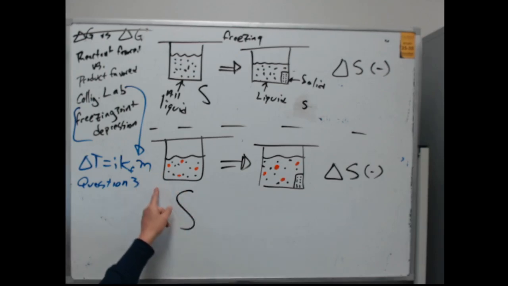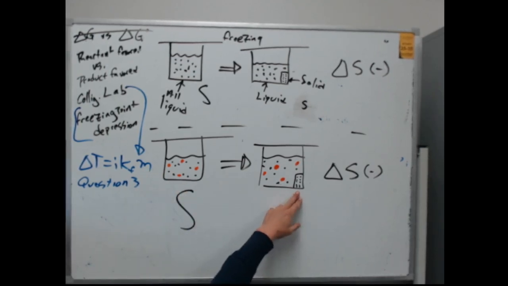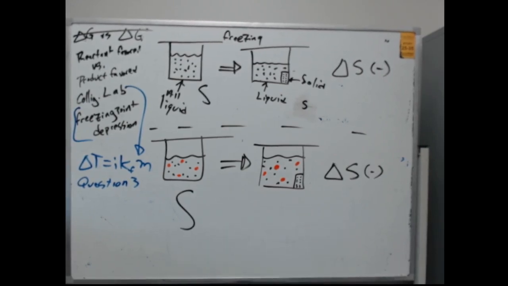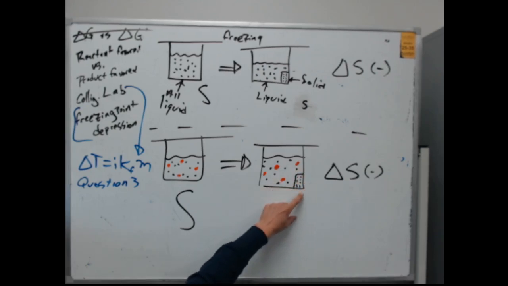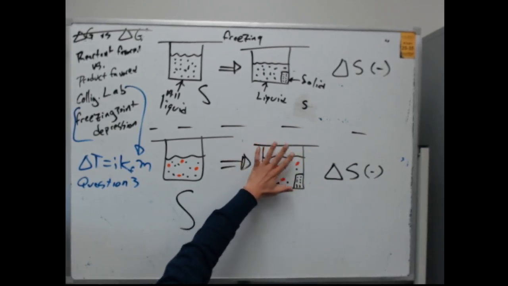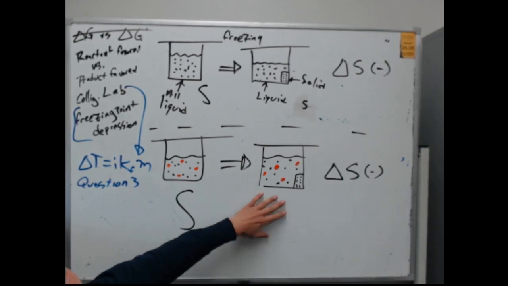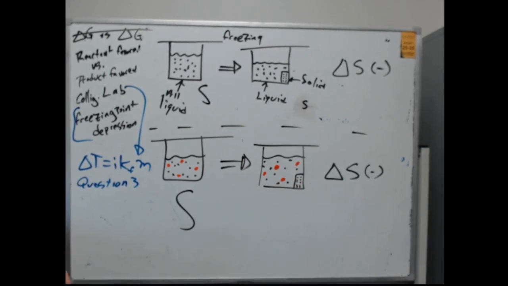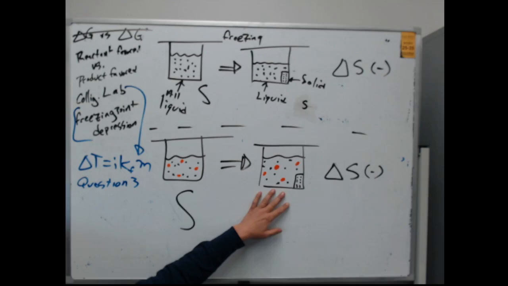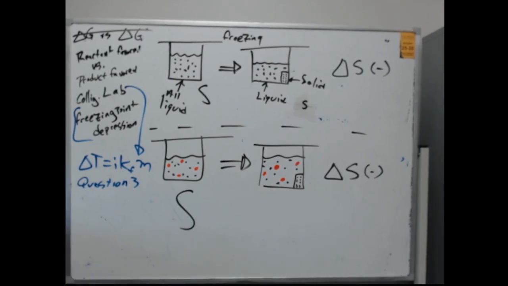That's because as the water is freezing, unless you're freezing it really fast so that the materials get trapped in, water would rather just freeze with itself, and it'll push that other material out. So we end up with a chunk of ice at the bottom that's just water molecules, and the rest of the solution freezing. And so in this situation, we end up with a smaller change in entropy as we go from one to the other. Now, what does that mean for us?